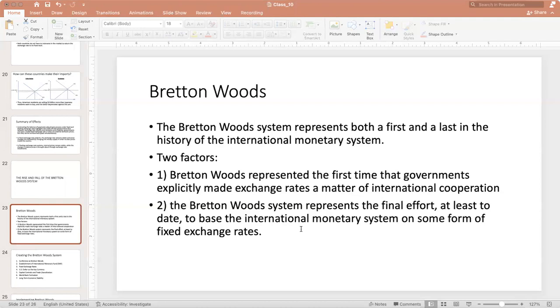There are two crucial factors that make the Bretton Woods system significant. Firstly, it represented the first time in history that governments explicitly came together to make exchange rates a matter of international cooperation. Prior to Bretton Woods, the international monetary system lacked a formal framework for coordination and cooperation among nations regarding exchange rates.